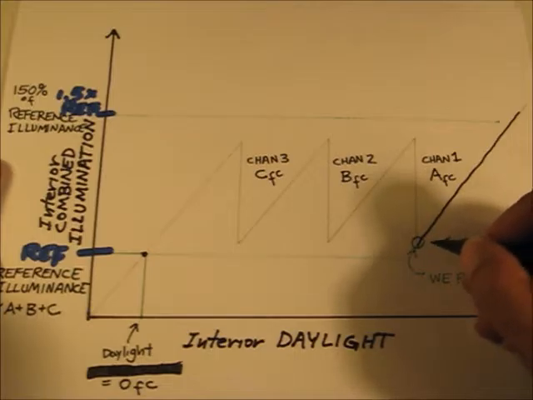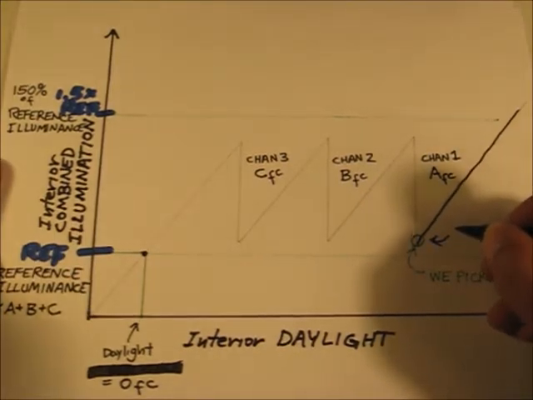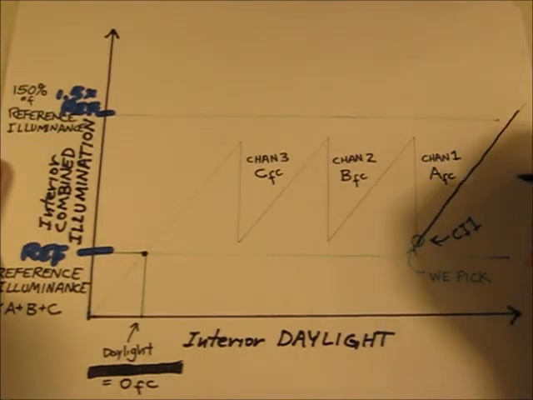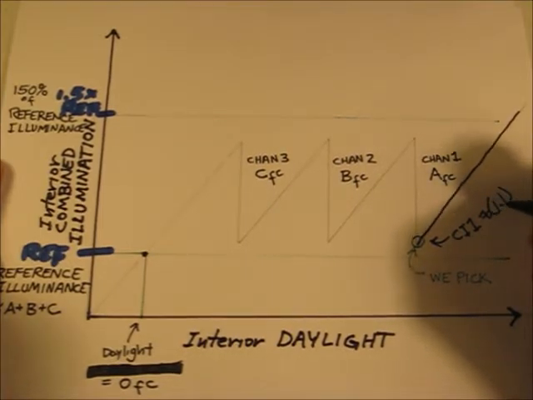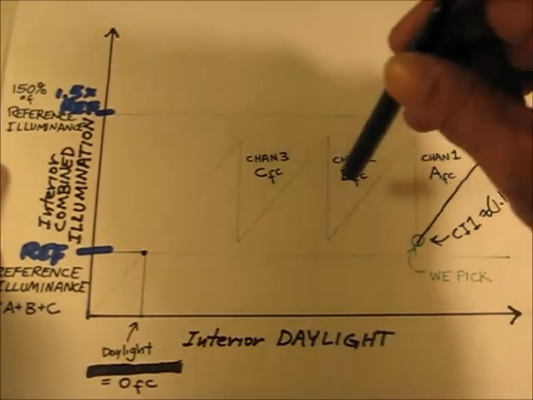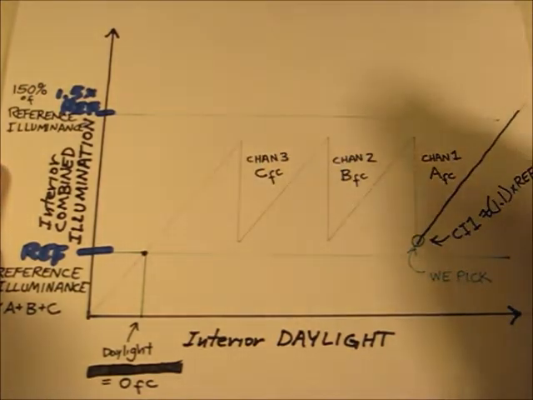So cut in 1 is approximately equal to 1.1 times our reference, which is equal to all the stages being turned on.